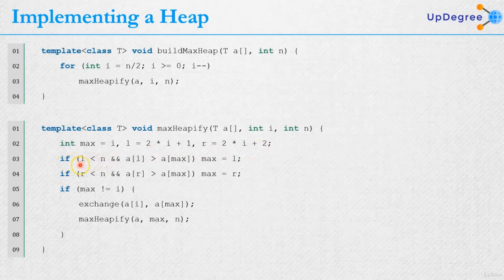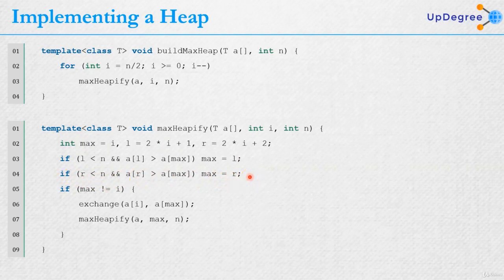So first we are checking if L is less than n and A[L] is greater than A[max], then we set max equal to L. And if R is less than n and A[R] is greater than A[max], we set max equal to R.